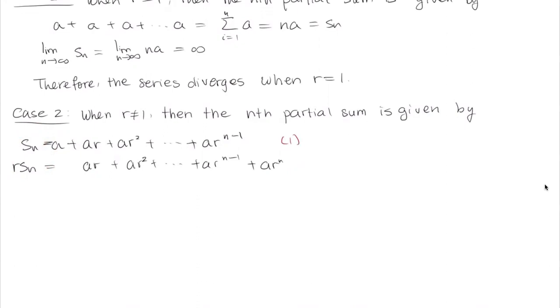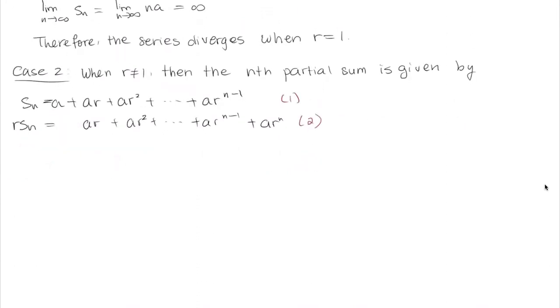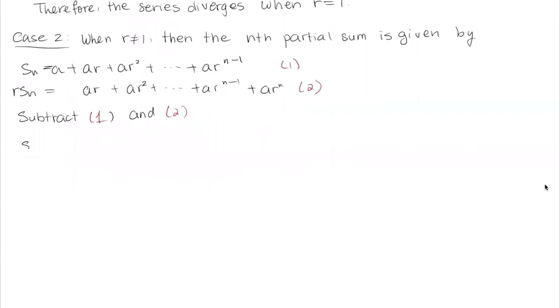So that's going to be our second equation. So let us subtract the two equations. So subtract 1 and 2, so that we could attain that Sn minus r Sn.